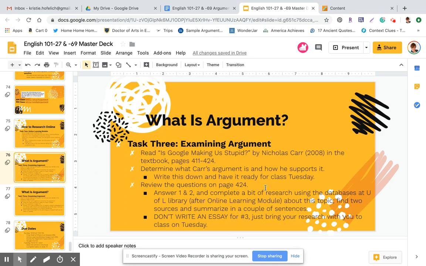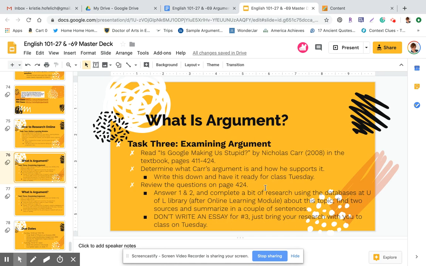At the end of the article, there are 3 questions. One of the questions, number 3, says to write an essay. Of course, you're not going to write an essay. I don't want to read that. You are going to actually use the databases after you've done the module and find 2 sources that have to do with internet use effects on cognition, which again, you're going to know what I'm talking about when you look at number 3 on page 424.